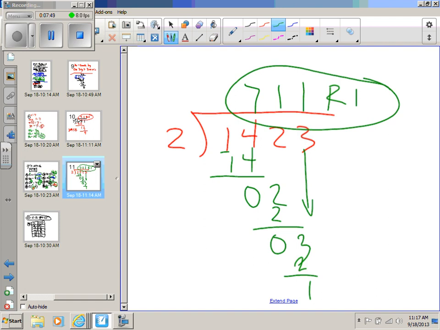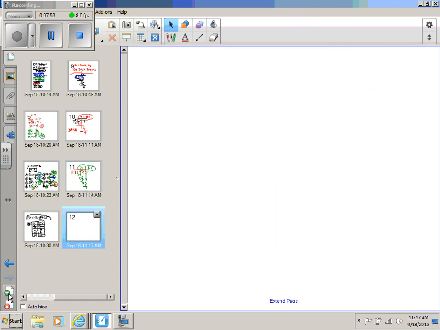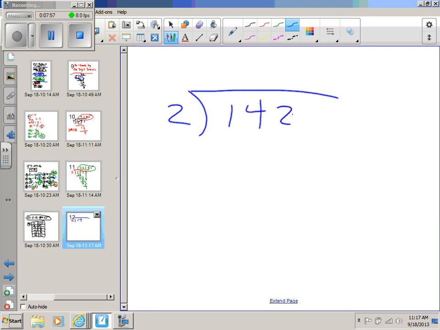So let's take a look at the same problem, and I'm going to show you something else where we can finish it. Rewrite this down, get this down in your notes. Big boy math, 101.